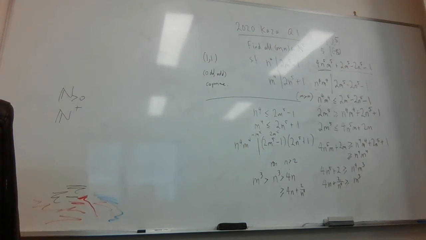Would you be able to do the other direction yourself? What happens if m is less than n? And then what happens if m is equal to n?